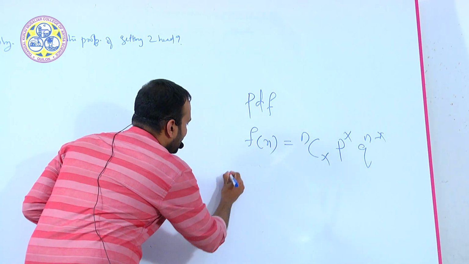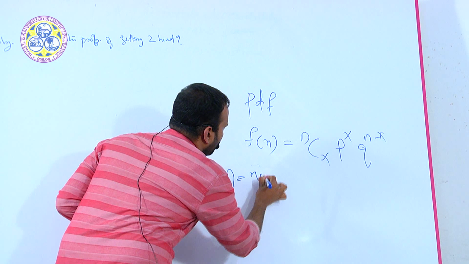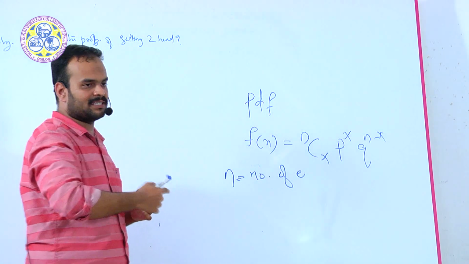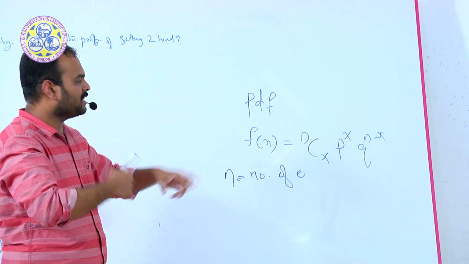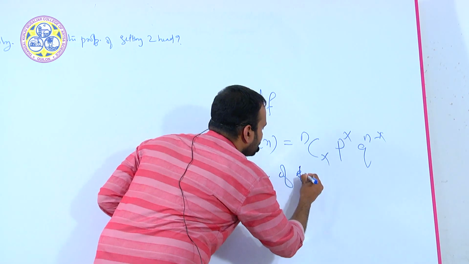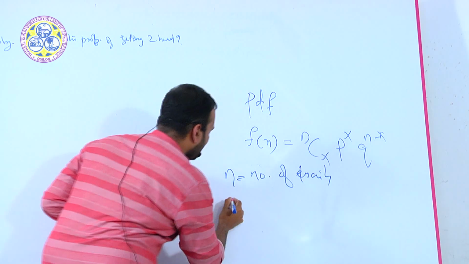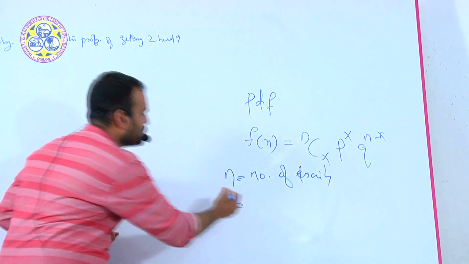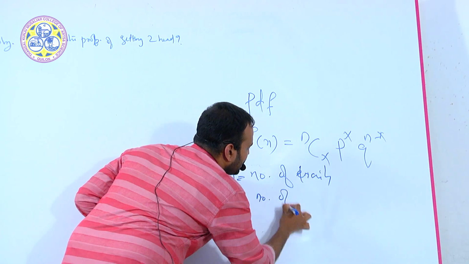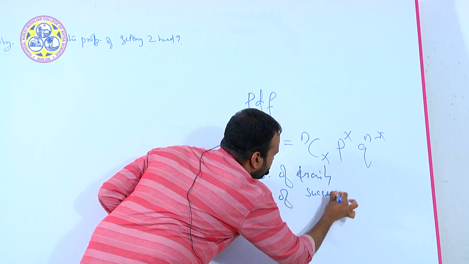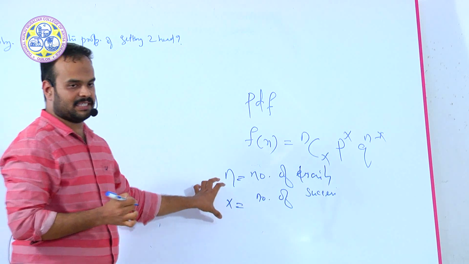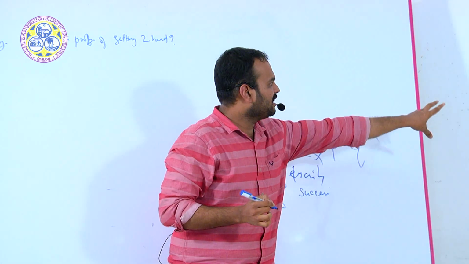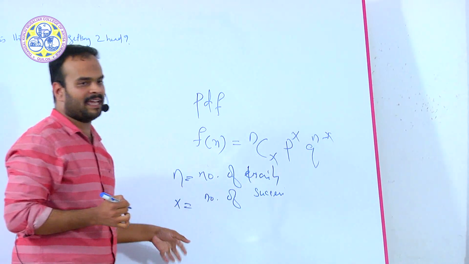Here n stands for the number of events or number of trials. How many times you are doing this trial? The number of trials is denoted by n, and here x stands for the number of successful outcomes. Then P, we already discussed, is the probability of success, and Q is the probability of failure.